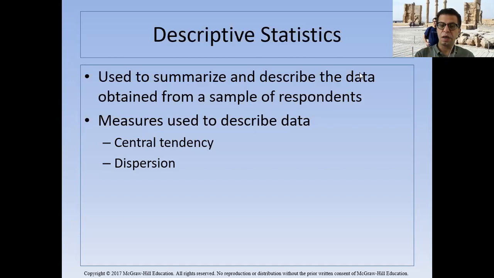In the next chapter, we will talk more about central tendencies and dispersion. It's basically making sense of the data collected and approving or disproving the null hypothesis, which we spoke about in chapter 2.